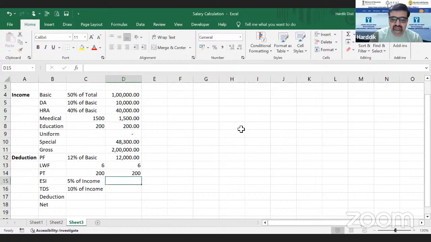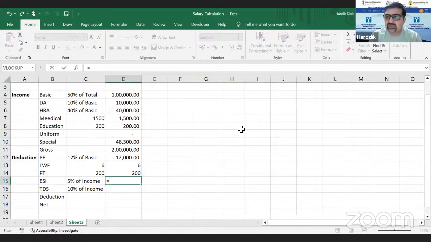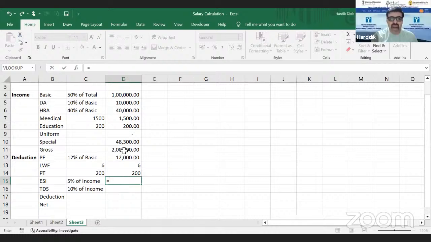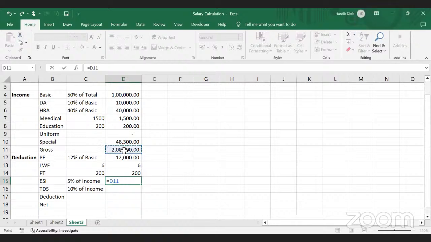This 200 also fixed. This says 5% of total income. तो किस पे गिन लेंगे? 5% ऑफ इनकम किस पे गिनना चाहिए अपने को? 20 lakhs. हाँ, मतलब इस ग्रॉस पे, है ना?